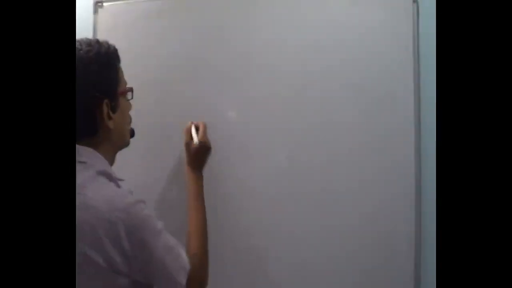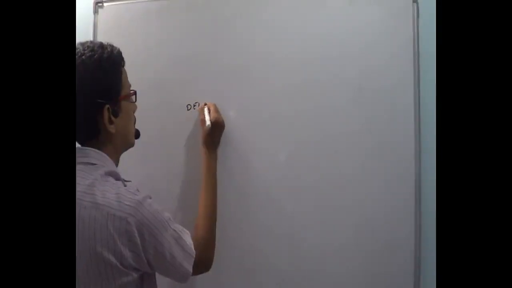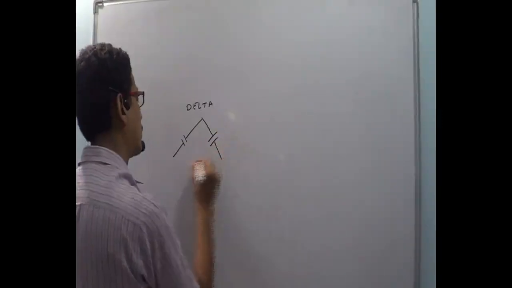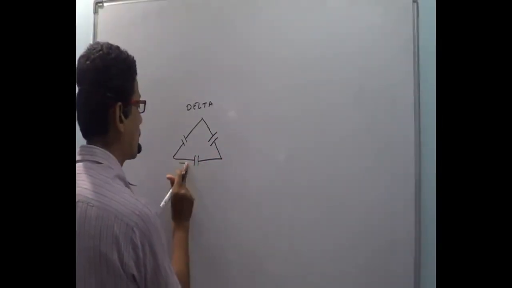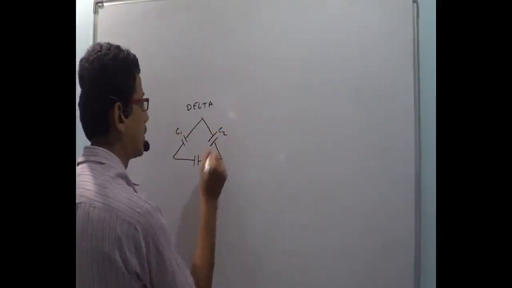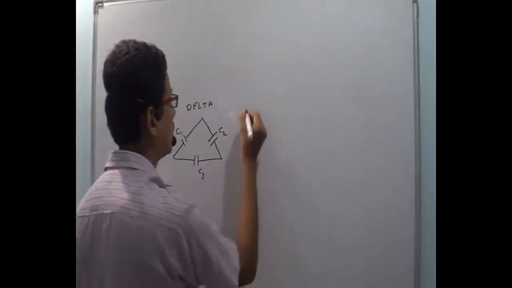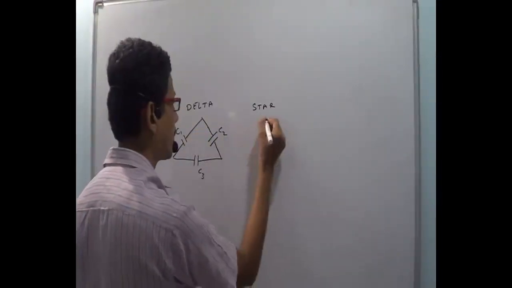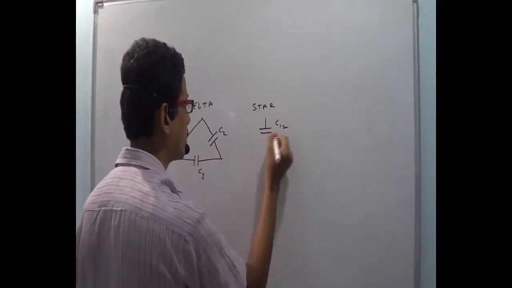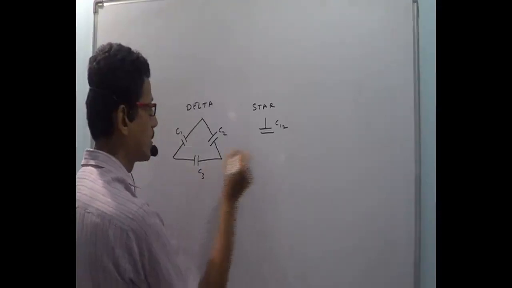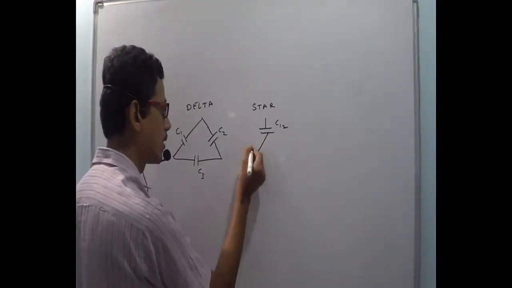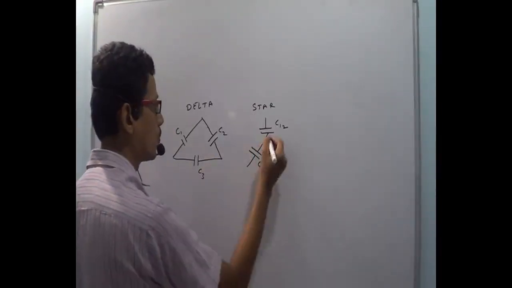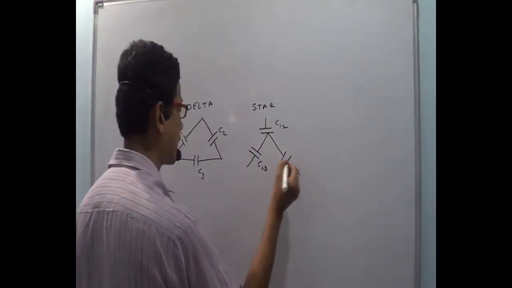First of all, if we have this delta, this is C1, C2 and this is C3. I can convert this into star. Instead of these two capacitors I will write C12, instead of these two capacitors I will write C13, and instead of these two I will have one capacitor, that is C23.